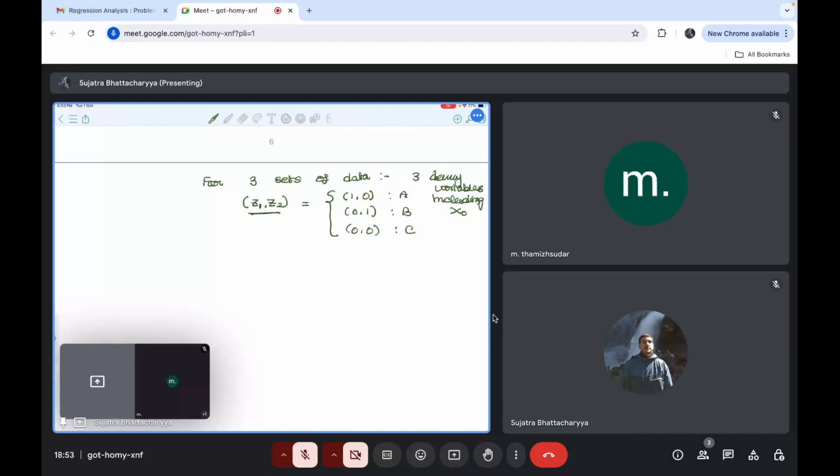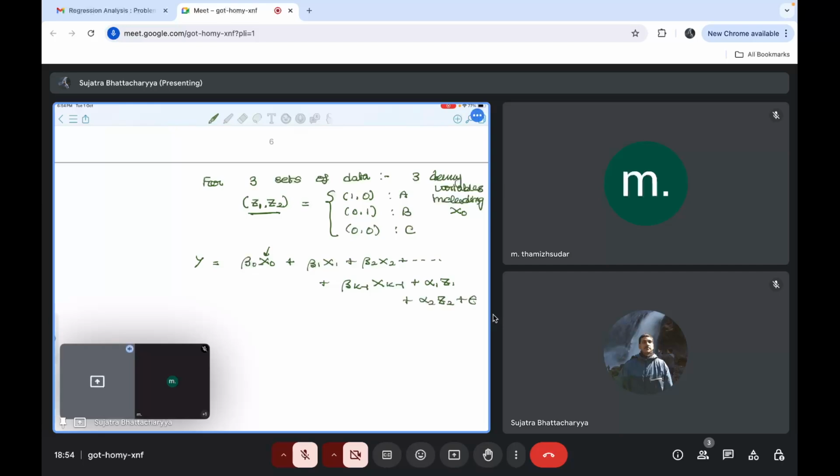So let's see what will be there for my multiple linear regression model. It will be beta naught x naught, the same way, which is a dummy variable already introduced. Then beta 1 x1 plus beta 2 x2 and so on up to beta k minus 1 x k minus 1, plus alpha 1 z1 plus alpha 2 z2 plus epsilon.